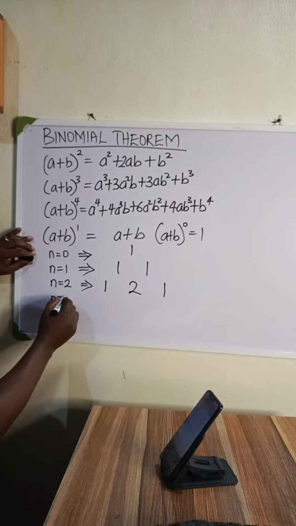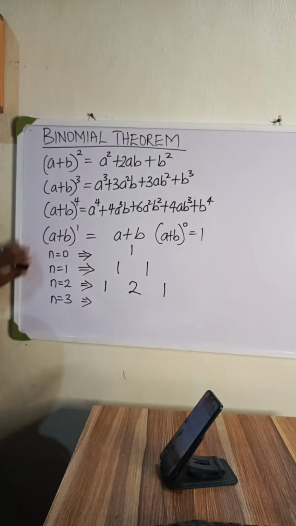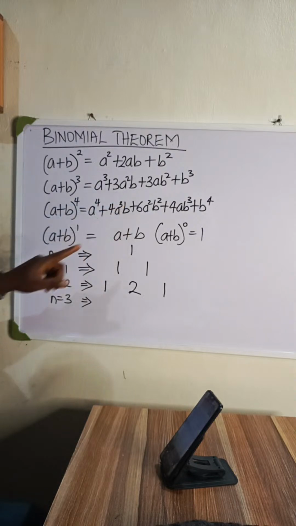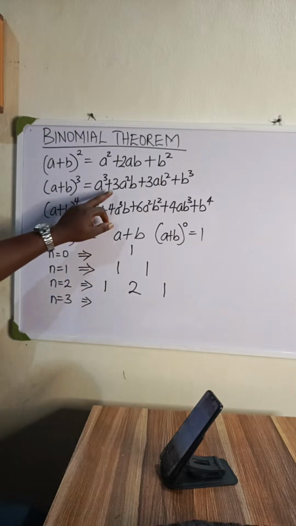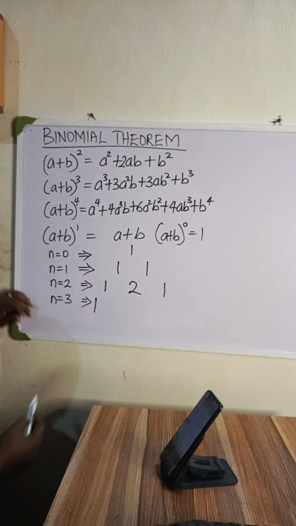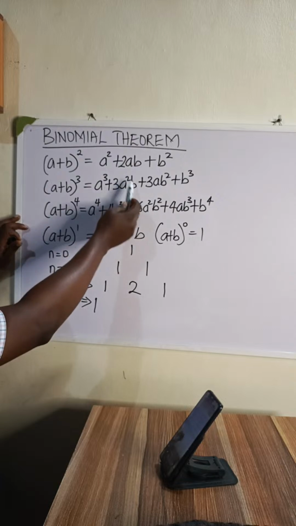N is equal to 3. The coefficient of A cubed is 1. So write it down here. The coefficient of A squared B is 3.